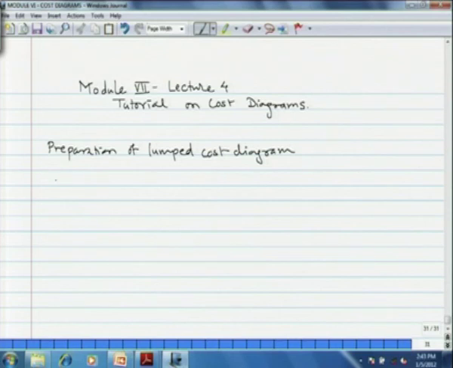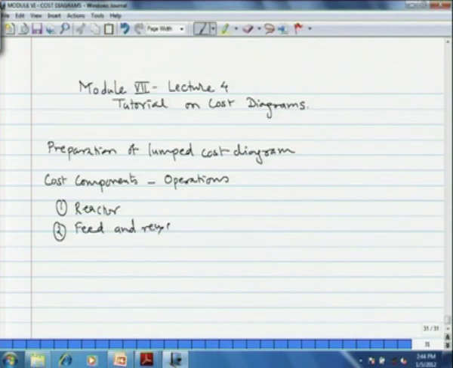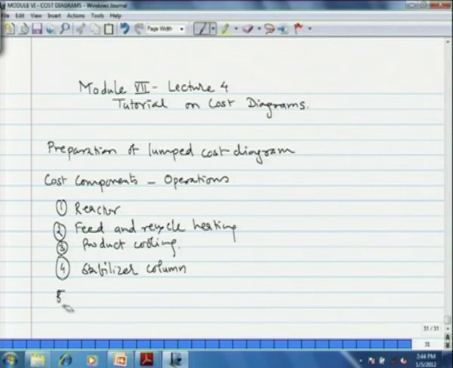The operations that we have, cost components, or the operations for which we shall list the cost, are first the reactor, then the feed and recycle heating, the product cooling, then the two columns, and finally the gas recycle or recycle compressor.